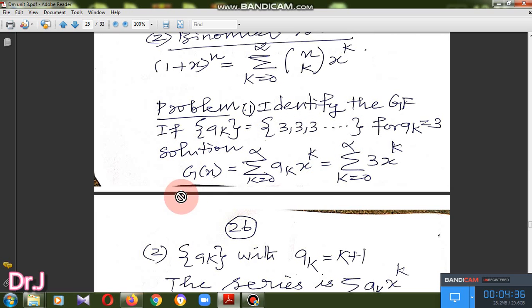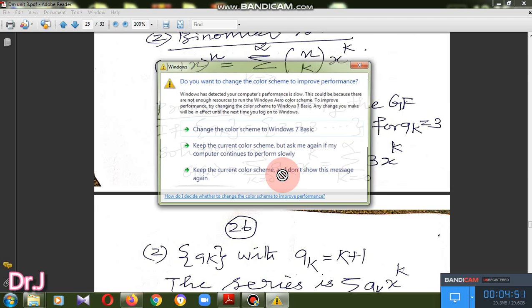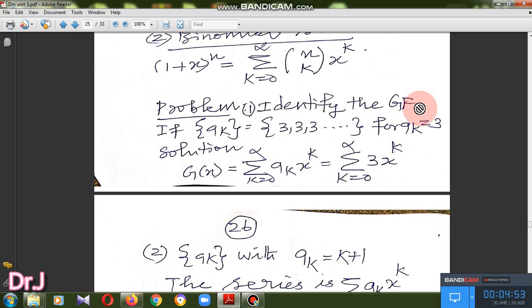So the general form of the generating function is g of x equals the summation of k from 0 to infinity of ak x power k. In this particular case, what is ak? ak equals 3, so in the place of ak you put 3.